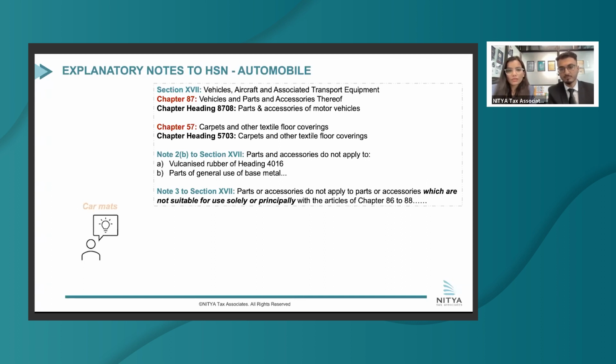Now, section note 3 says that if any product is used solely or principally with a particular article of Chapters 86 to 88, then it has to be classified under that. As Sainesh discussed, these car mats are cut into the shape so that they can only be used in cars. So as per note 3, they are solely and principally for cars. And then there is note 2(b), which says that parts and accessories will not apply to a specific list which does not cover these car mats.